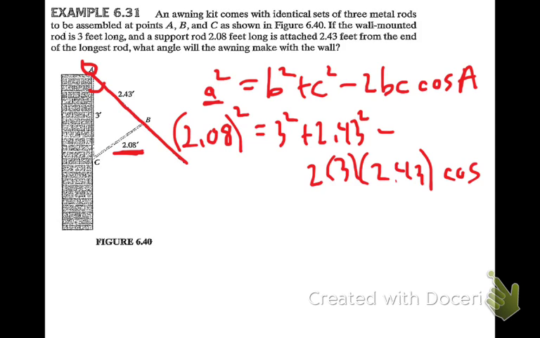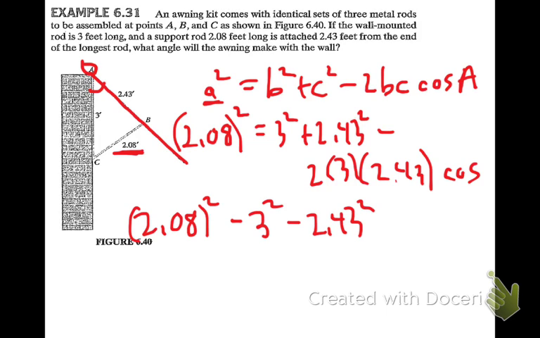So now I have to solve for the cosine of A. To solve for the cosine of A, I would have 2.08 squared, and then we subtract the other two, so minus 3 squared minus 2.43 squared, and we're going to divide that by, what would I divide it by?